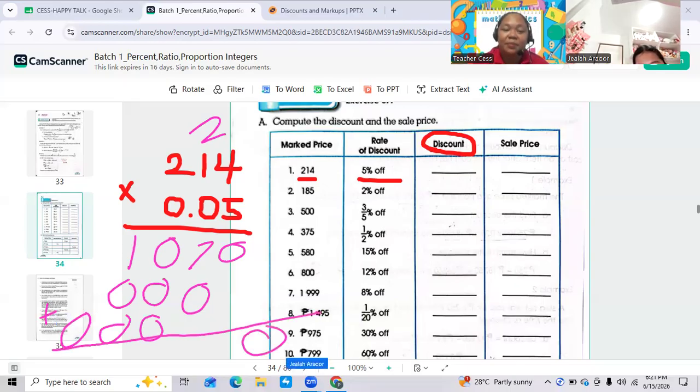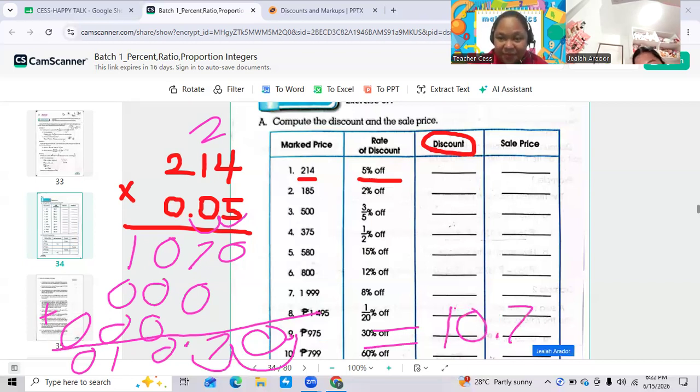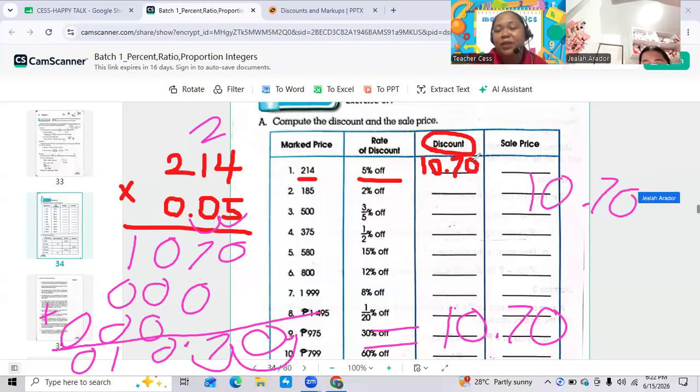So it will become, okay. And then put the decimal point. Okay. What is your answer? 10.70. Very good. So 10.70. Your solution is correct. So meaning your answer is correct.